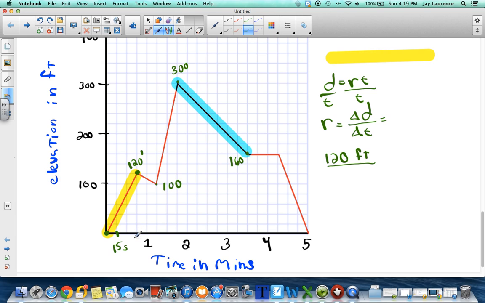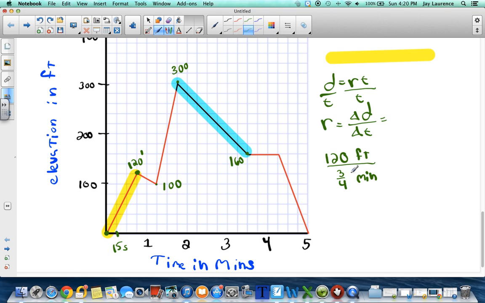Now, I could put a 45 under there and then divide or simplify. But since the elevation is in feet and the time is in minutes, I'm not going to put 45 seconds there, as that will get me feet per second. I'm going to do it as 45 seconds is 3/4 of a minute.